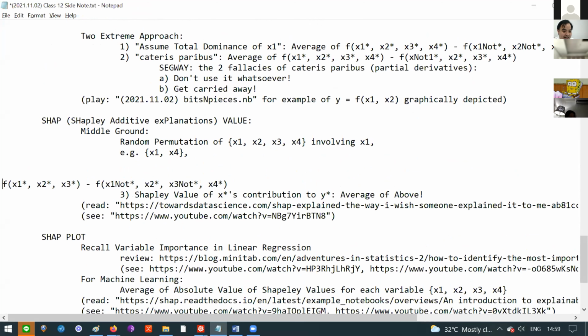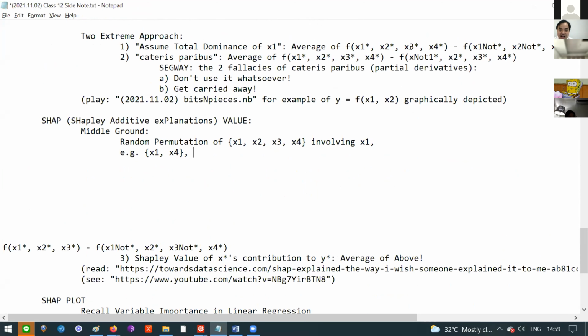So what I do then is I do this. Take, but instead of just moving x1, you also move x4 as well. Okay? You move x4 as well.